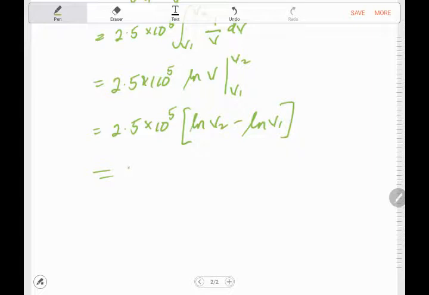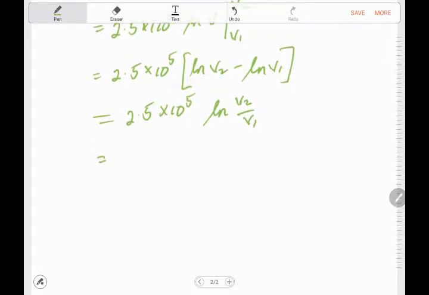But in the meantime, we can make our life simple by having ln V2 over V1. I hope you can still remember the rules of logarithm. You did this one a long time back, so try to remember.